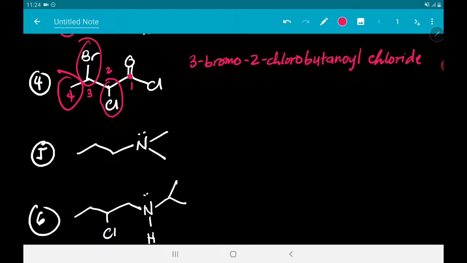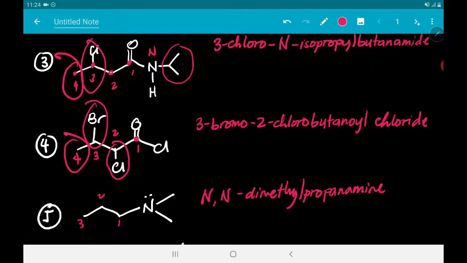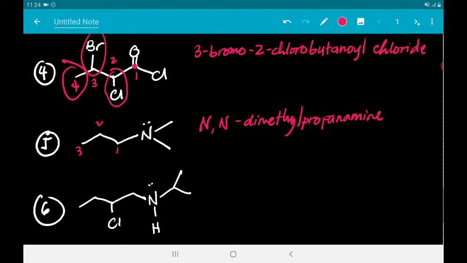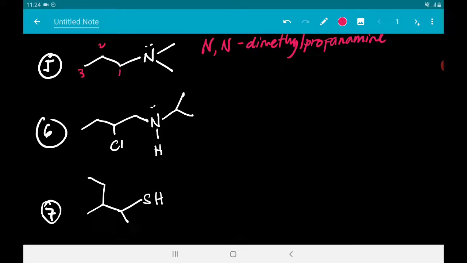Number 5, so familiar na to kasi may example tayo nito. It's an N dimethyl. Okay, so 1, 2, 3 propanamine. Okay, this is an amine, hindi siya amide. Okay, it's just a tertiary amine. Okay, so ito naman, unahin natin to.